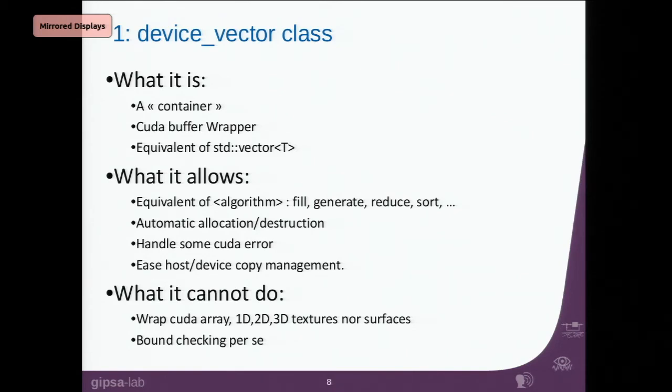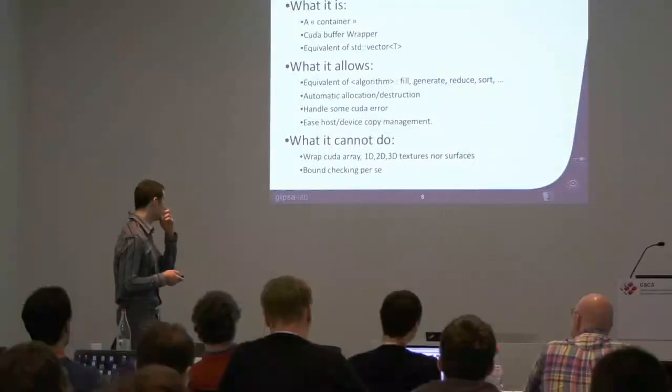It's not perfect, but you have some error handling capabilities. Then we will see host-to-device copy management, somehow in a way that Sam managed to do with his wrapper you've seen already.